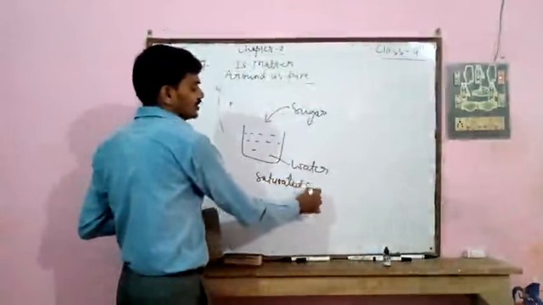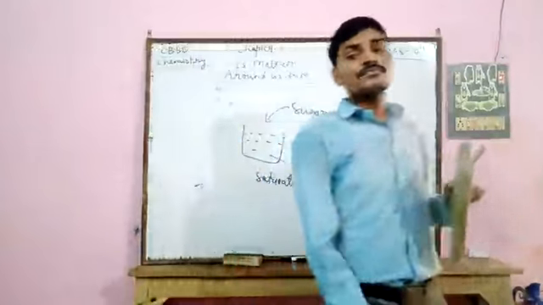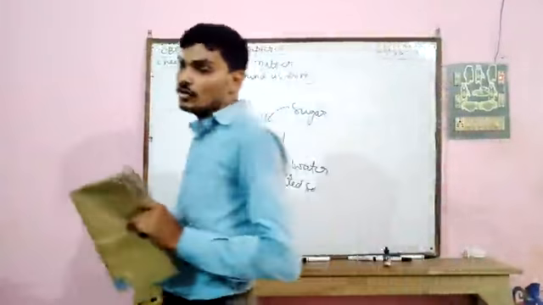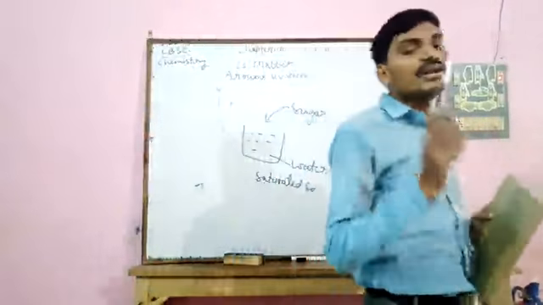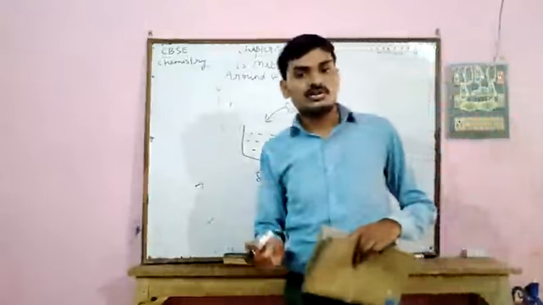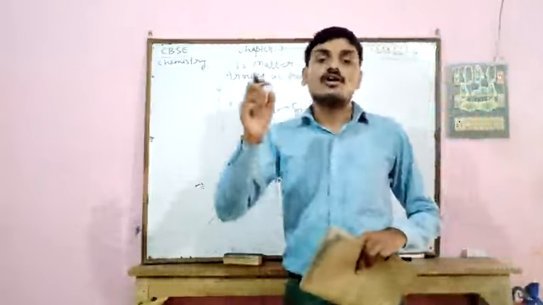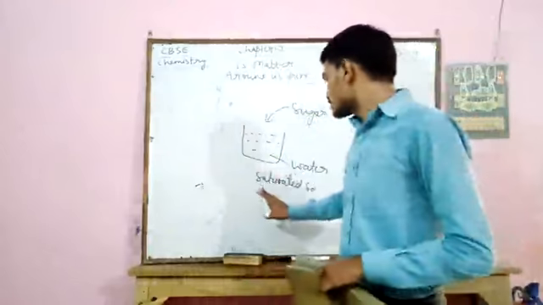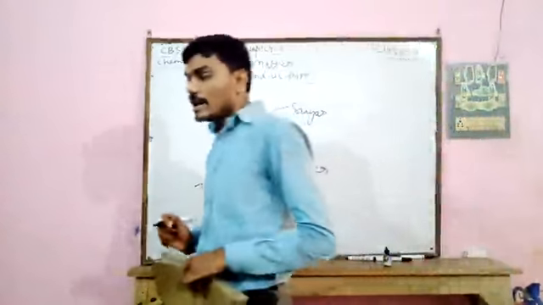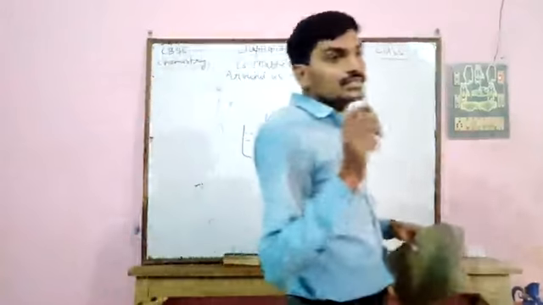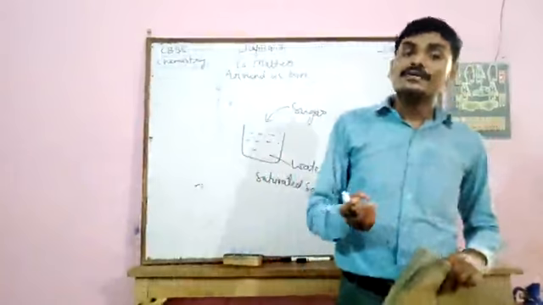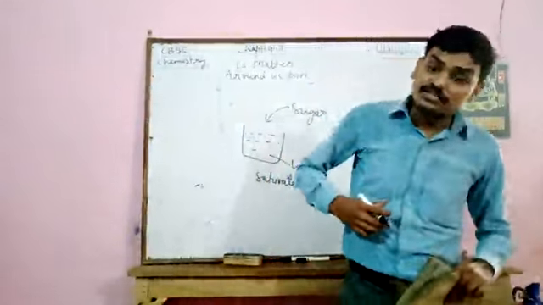saturated solution. That is, if the mixing of solute particles is stopped, this stage of the solution is known as the saturated solution. And if the mixing of solute particles is not stopped, then it is known as the unsaturated solution.